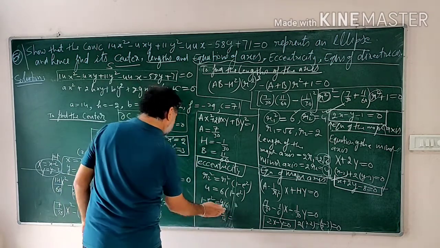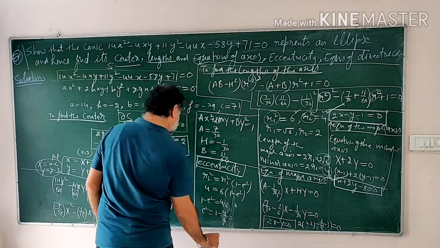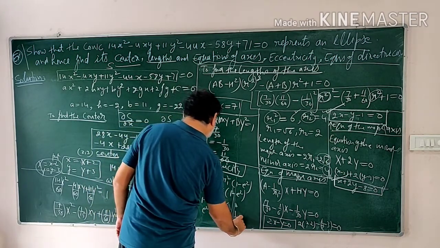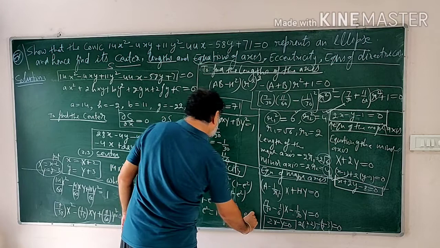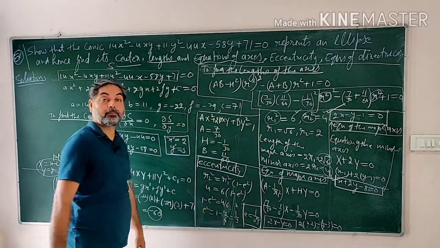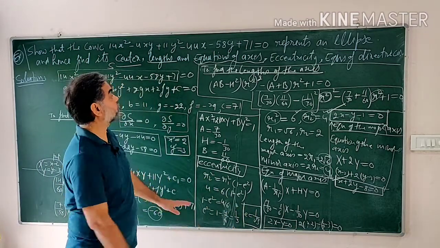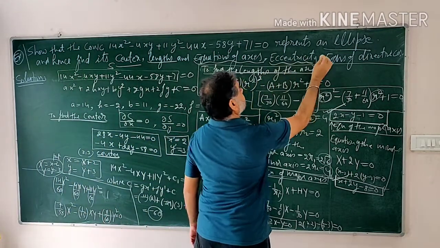So e square is equal to 1 minus 4 by 6, which is 2 by 6, that is 1 by 3. So e is equal to 1 over root 3. This is the eccentricity. Eccentricity is 1 over root 3. So we have also found the eccentricity.